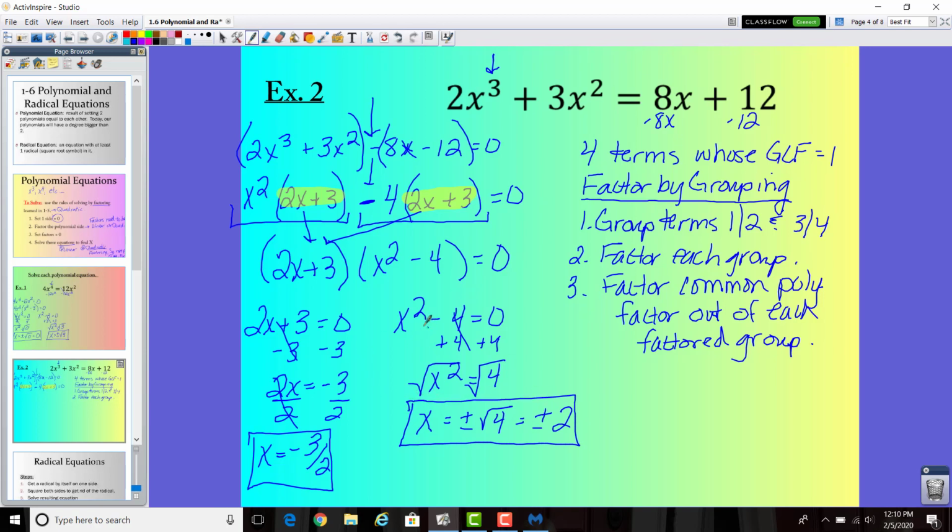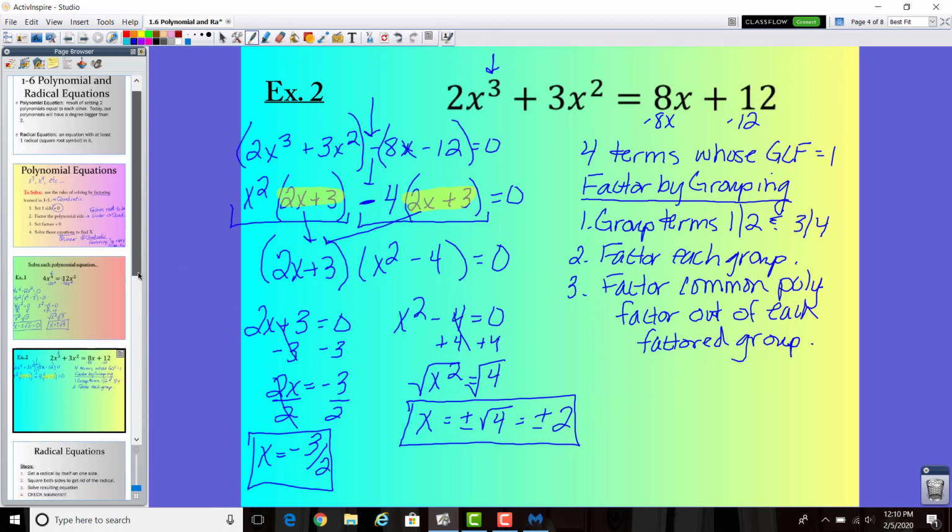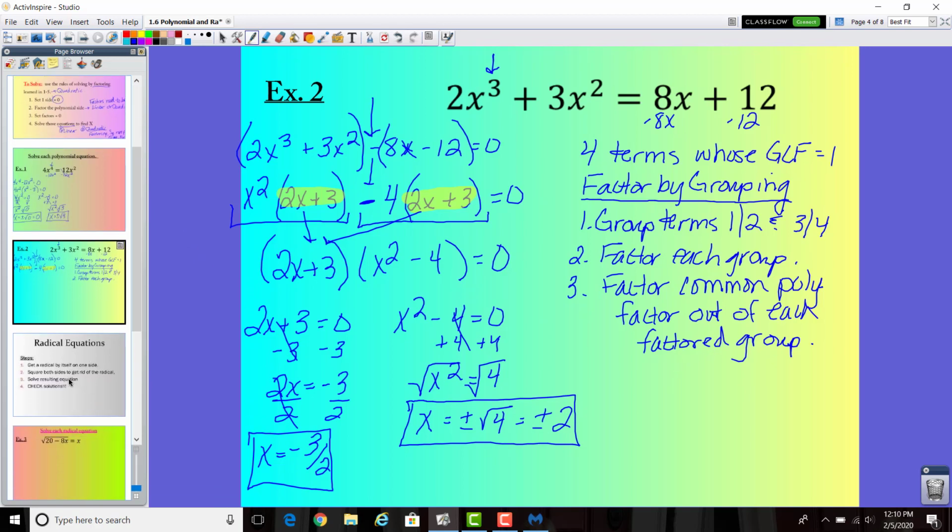Okay, I would get the same answer if I factored it. X plus 2 and x minus 2 is going to give me positive or negative 2 for x. If I use the quadratic formula, my a value would be 1, my b value, since there is no x, would be 0, and my c would be negative 4. Okay, so those are the 2 types of polynomial equations and factoring you're going to need to do.